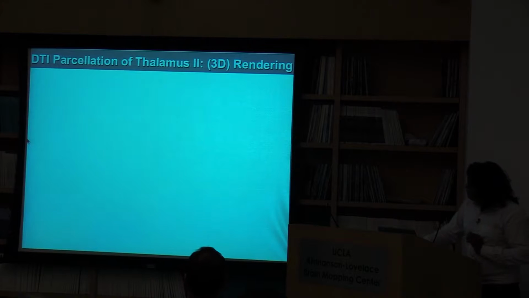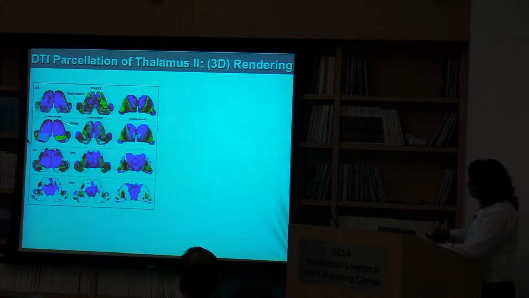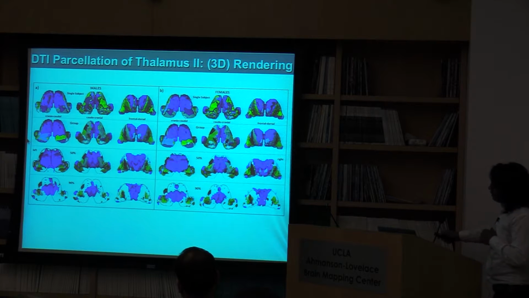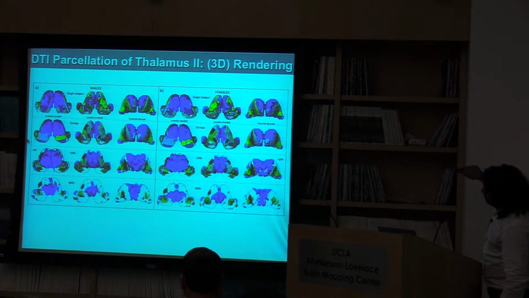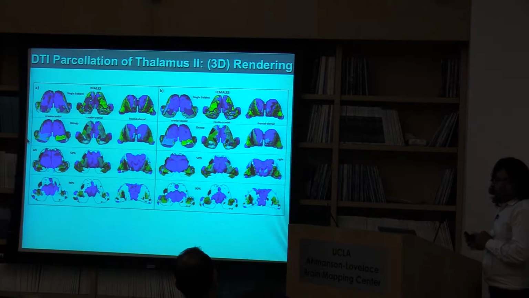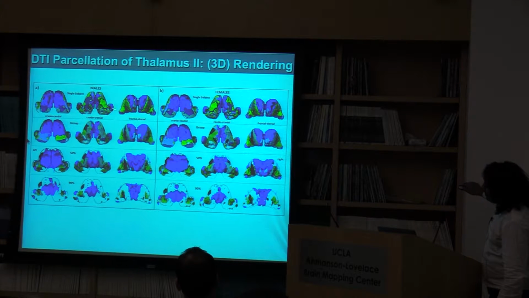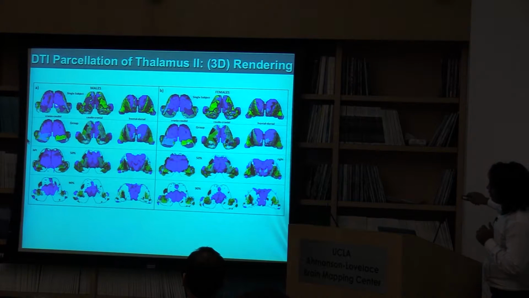The rendered group results are shown here for the male group and for the female group at single subject level, at group level, and at group probability of 50% and 90%. You can see that the method nicely parcellates the thalamus at single subject level in the male as well as in the female group. Secondly, you can see that there are differences between left and right thalamus in the cluster organization, but also between male and female.